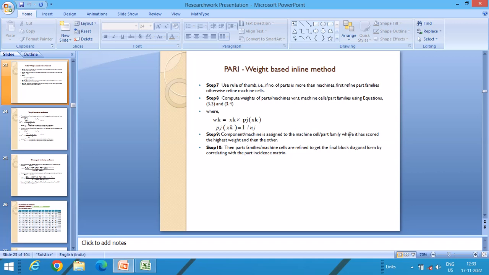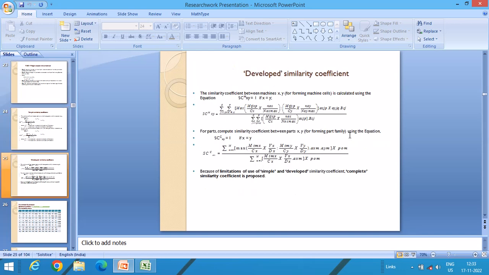Next, in step 9 we are finally getting the final block diagonal form by this retrospective refining. So in the weight based method we are retrospectively refining the clusters to get the perfect clusters in the final block diagonal form.